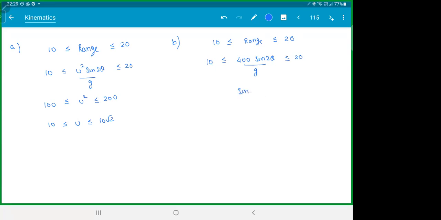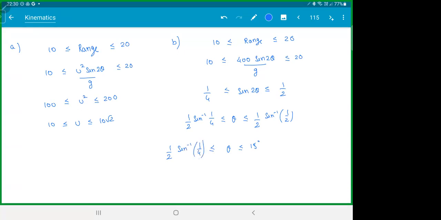You end up with sine 2 theta is less than half and 1 by 4. So this theta lies between half of sine inverse half and half of sine inverse 1 by 4. So theta lies between 15 degrees and half of sine inverse 1 by 4.